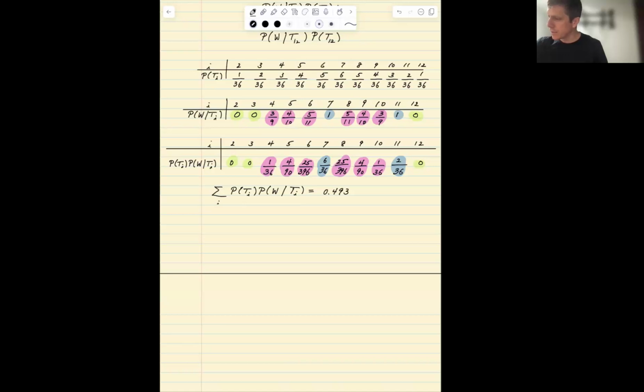Okay, which sounds right to me. There's always a possibility of making a little mistake with the fractions, but it sounds right because it's slightly less than 50%.